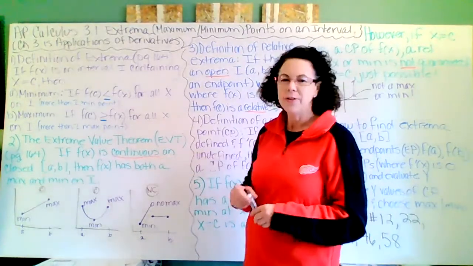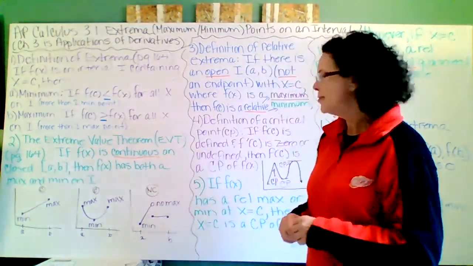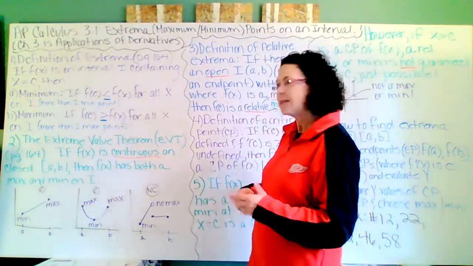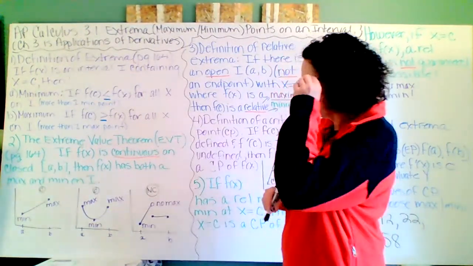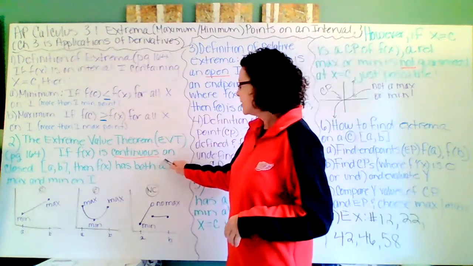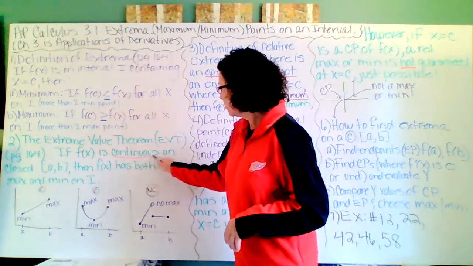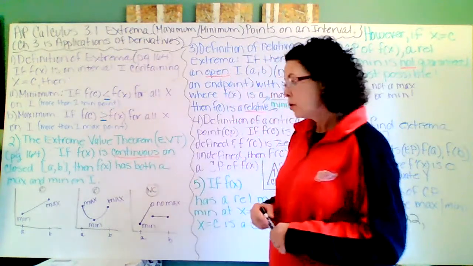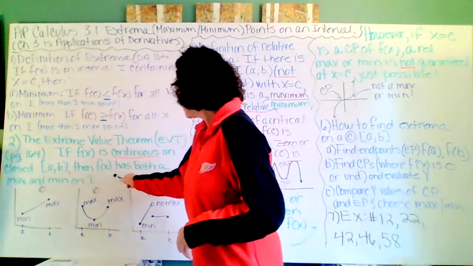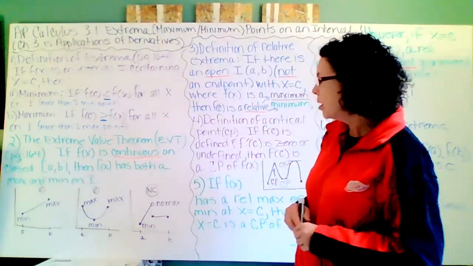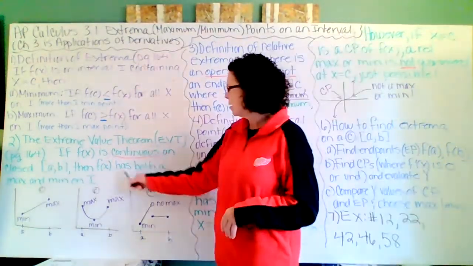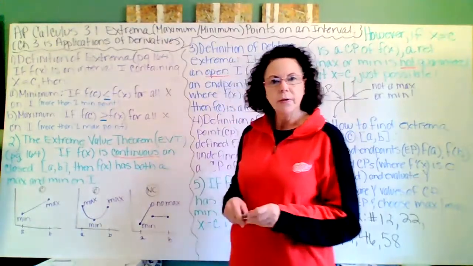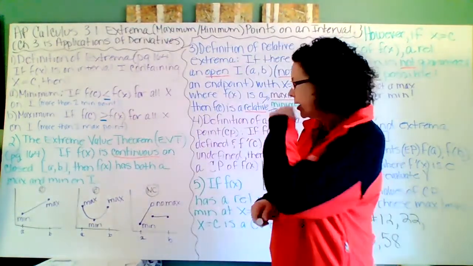The extreme value theorem, the EVT, we'll be using this a lot, just like the IVT that you were using. This is also on page 164. If f of x is continuous, very important right here, on a closed interval [a, b], then f of x has both a maximum and a minimum on I. Notice it doesn't say anything about a derivative, that it has to be differentiable or anything.